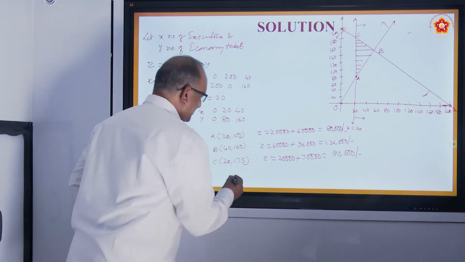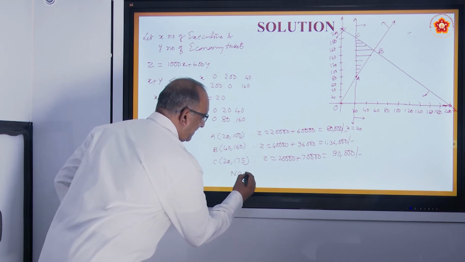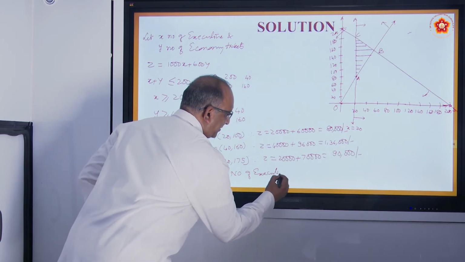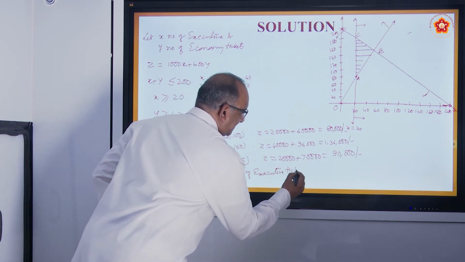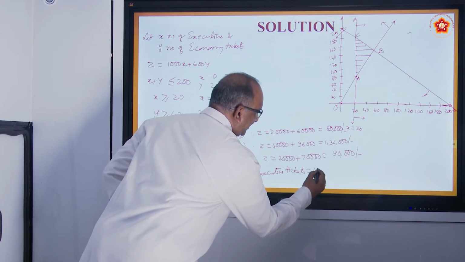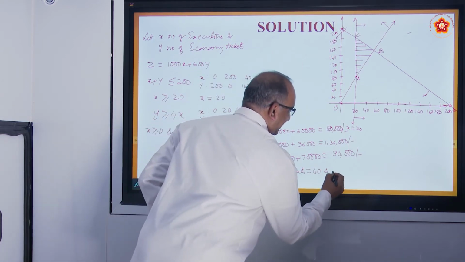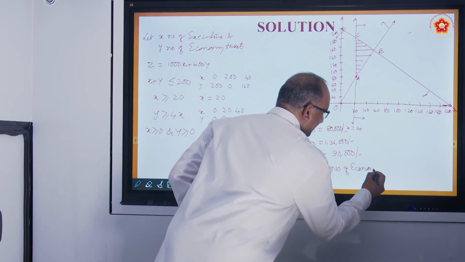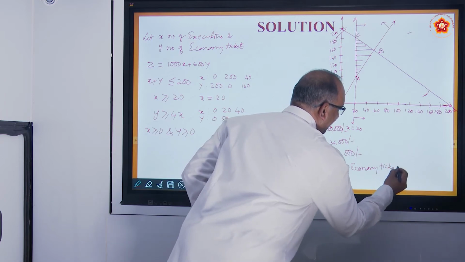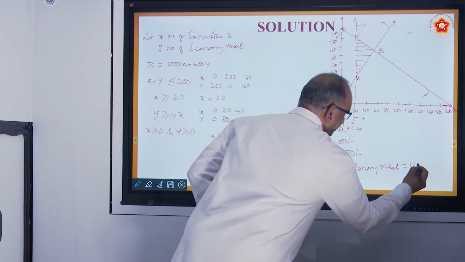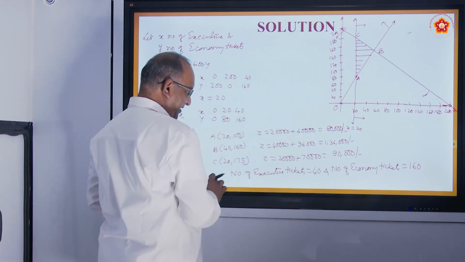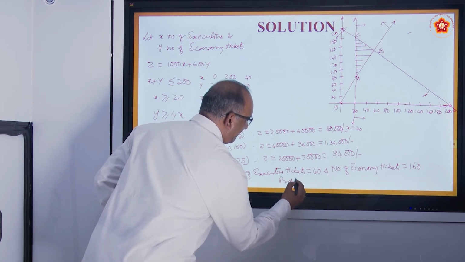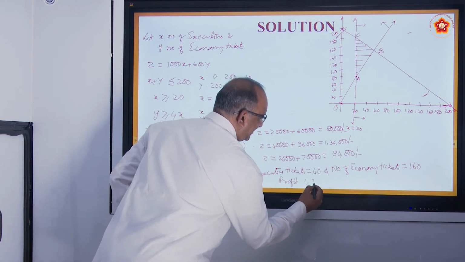So the answer is: number of executive tickets equal to 40 and number of economy tickets equal to 160. This is the case, 40 and 160, and the profit is 1,36,000.